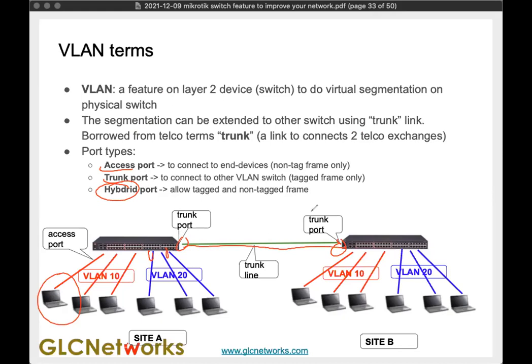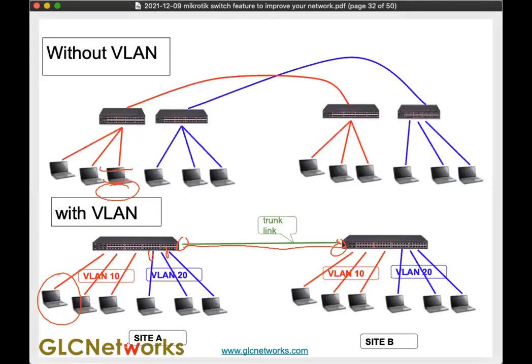This is the trick for VLAN: we are using tagged and non-tagged frames. That way we can achieve our goal of segmenting our network with a single switch.